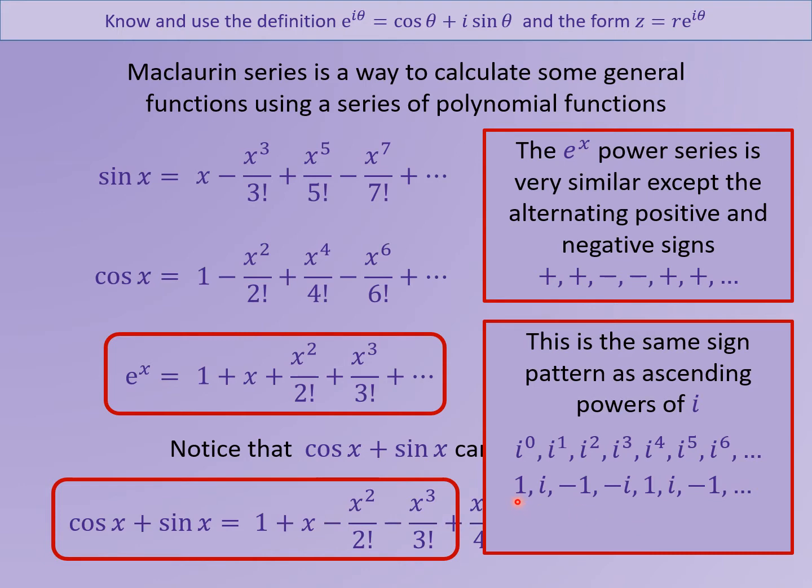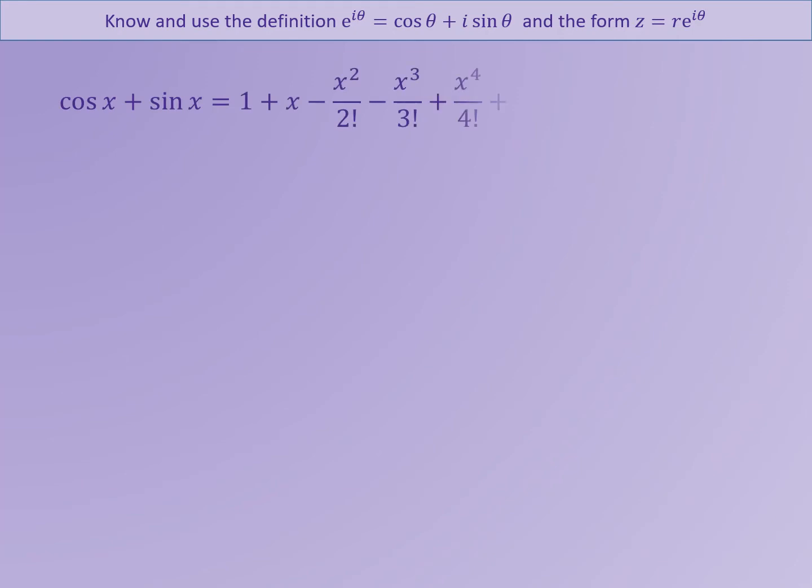What's important is that the signs are plus plus, minus minus, plus plus, minus minus. So if I could somehow put these two things together, hopefully we should be able to get down to something like this one here. Let's have a play and see if we can sort that.